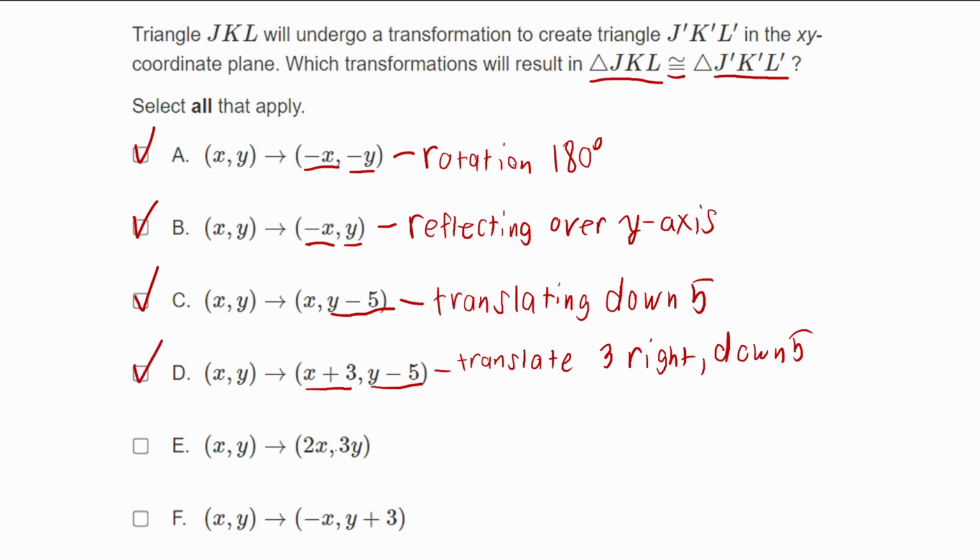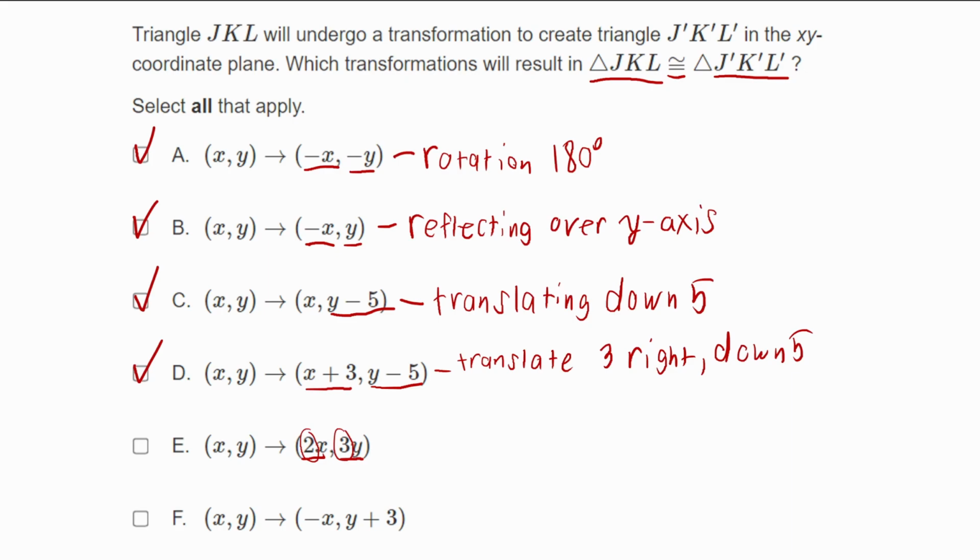Wait a second. Our next one looks a little different. We have 2x and 3y. Now, this is where things change, right? We are multiplying our x and y by numbers other than 1. Yeah, but up top, we had a negative. Well, that's still a negative 1, right? If you multiply something by a 1, whether positive or negative, the core value of that does not change.